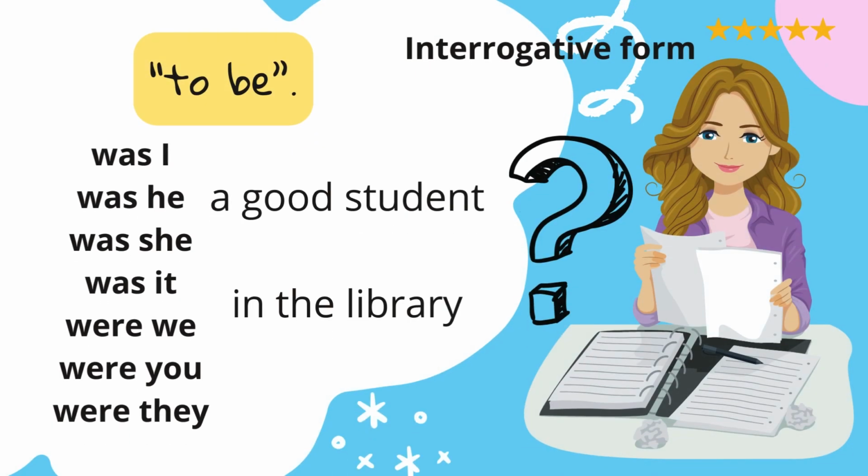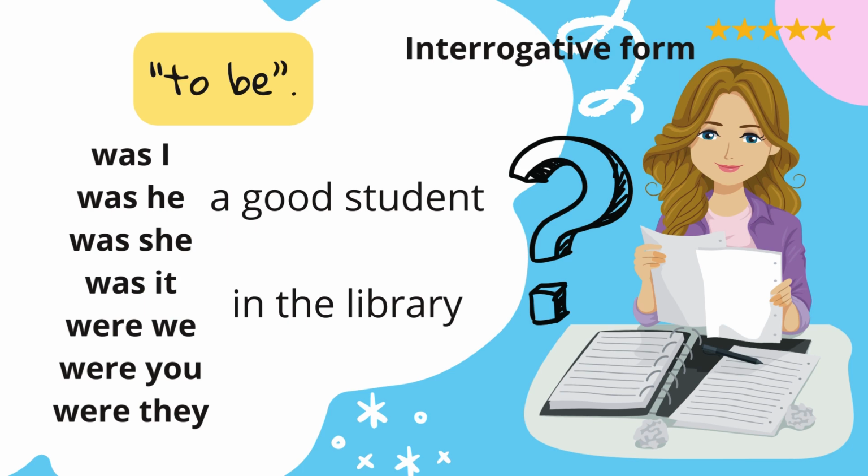And then the interrogative form of the verb to be, we just have to move the subject and the conjugation of the verb to be so we can have the question. For example, was I a good student? Was he a good student? Was she a good student?